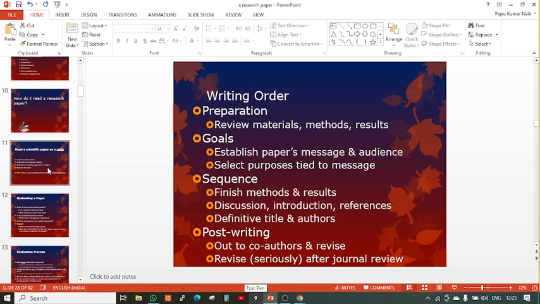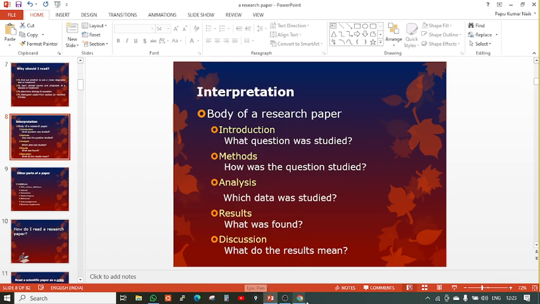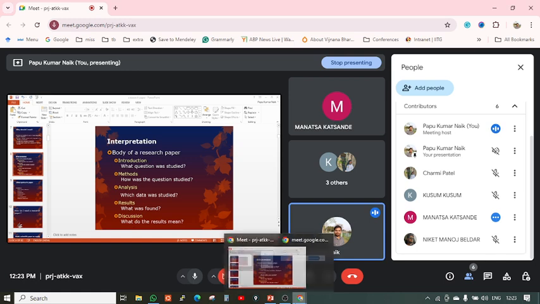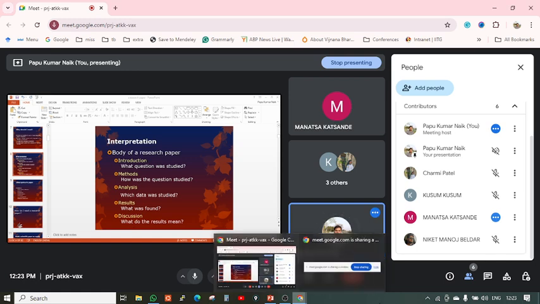Interpretation, body of research paper: introduction, methods, analysis, results, and discussion. Yes, this is the main body part of the research. IMRD, this is an important question. What is IMRD? In detail, introduction, methods, analysis, results, and what the basic things in between are, we will discuss in our next classes.